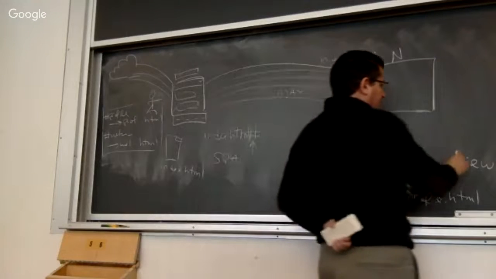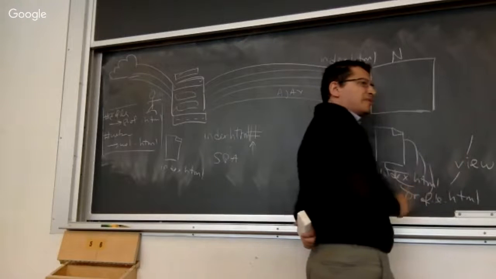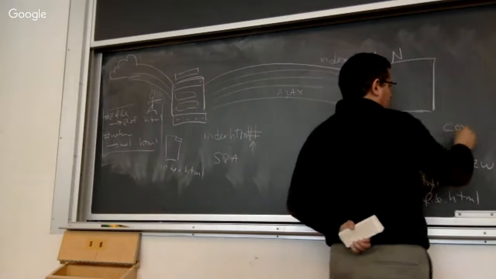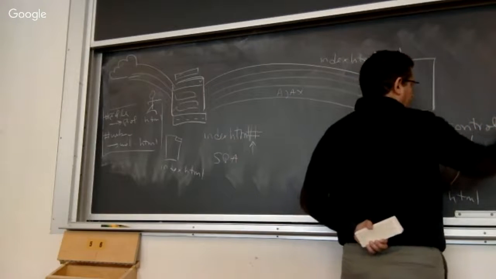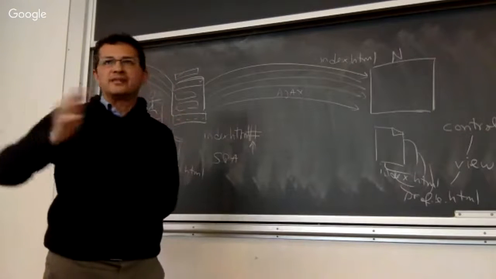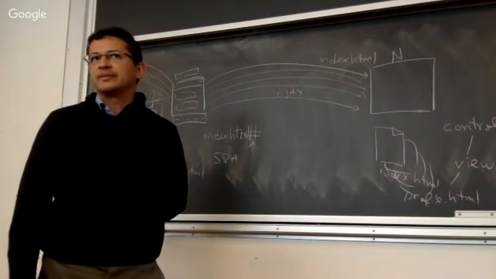Alongside each view, there's someone who's responsible for providing data to the view, and we call those controllers. Controllers are the ones responsible for fetching the data somehow, magically, and then providing that data to the view for rendering.